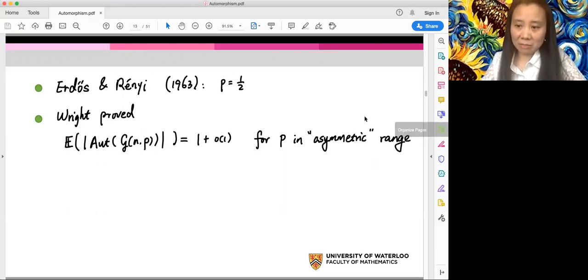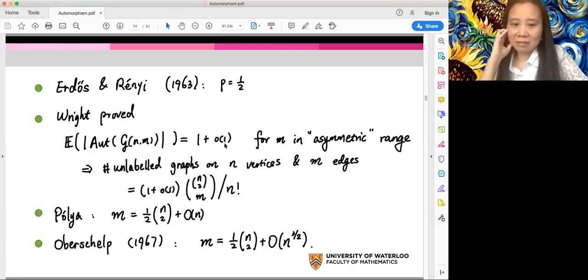In the asymmetric range, they show that this is 1 plus little o(1). So this 1, of course, represents the trivial automorphism, the identity map. Basically what it says is that in expectation, you don't see any non-trivial automorphisms. And this result immediately gives you the number of unlabeled graphs on n vertices and m edges.